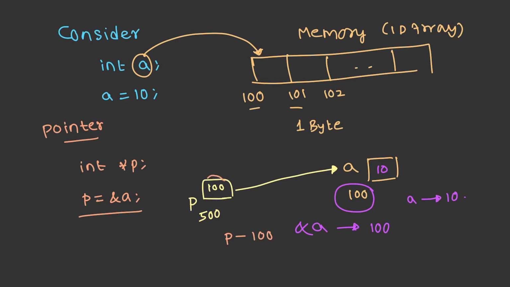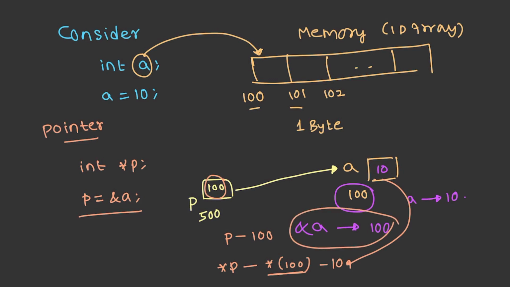If we want the value at the address held in p, we can write *p. *p gives us *100, which automatically decodes the value present at this location, which is 10. Similarly, as a variable has an address, the pointer will also have an address, and it can be obtained with the help of &p, which is equivalent to 500 in this case.